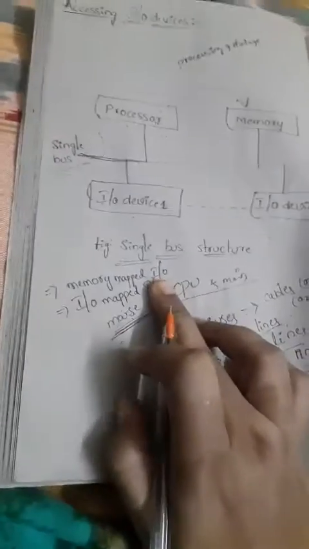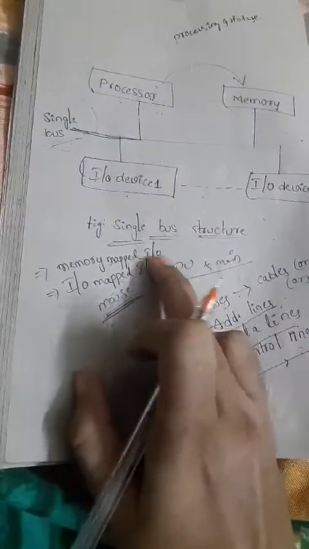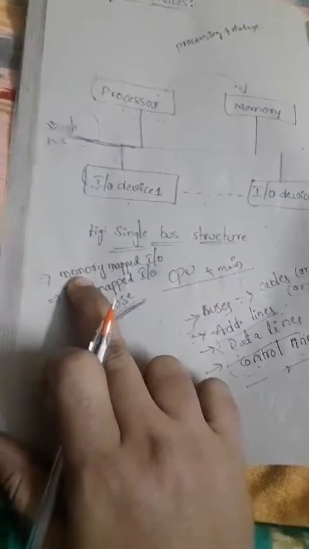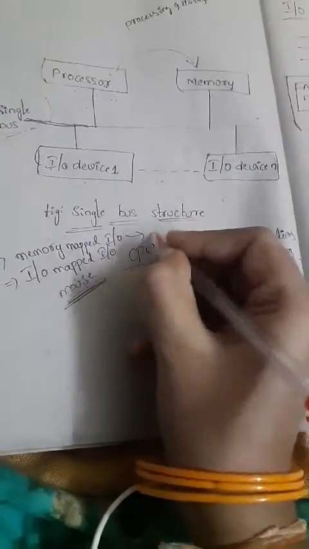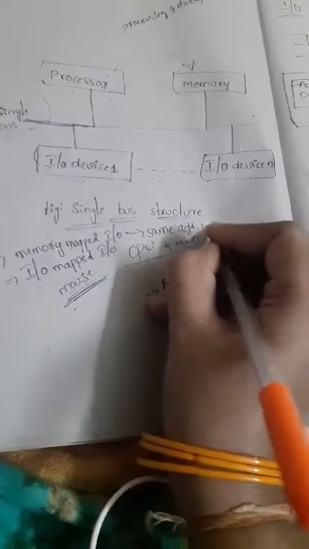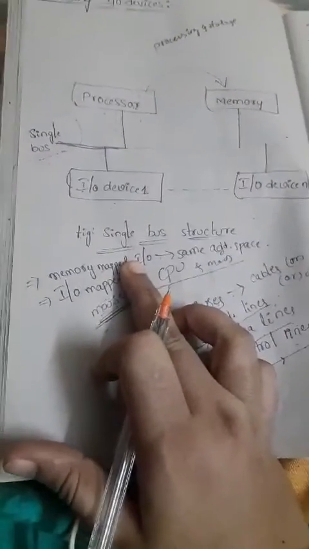The address space generally shared for input output devices is divided, so depending on that address space we have 2 categories here. What is meant by memory mapped IO? Here the IO devices, that means input output devices, and the main memory share the same address space. That is called memory mapped IO.